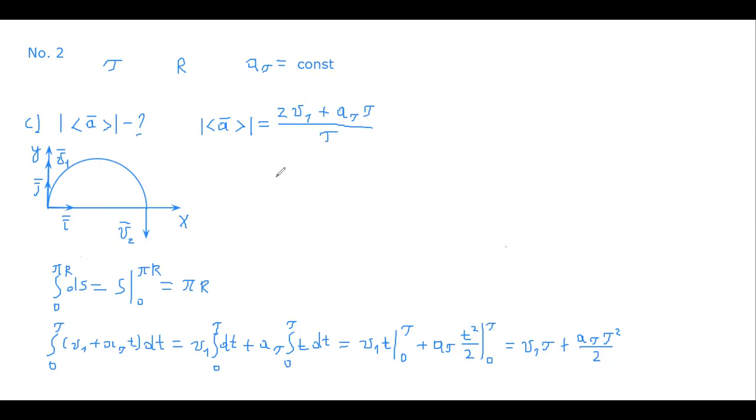I'll rewrite this. It will be easier to rewrite this. There was a differential equation, and there was a formula like this. I have cleaned this, but we still need this formula: v1 plus a tau t.